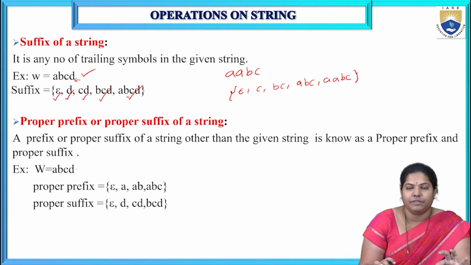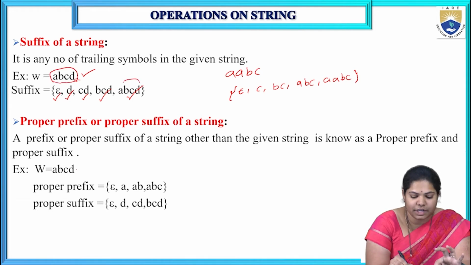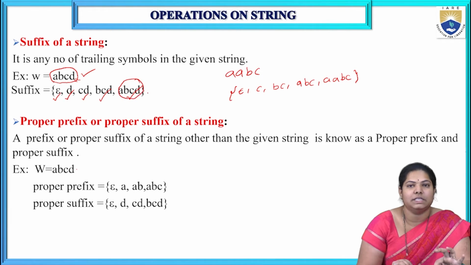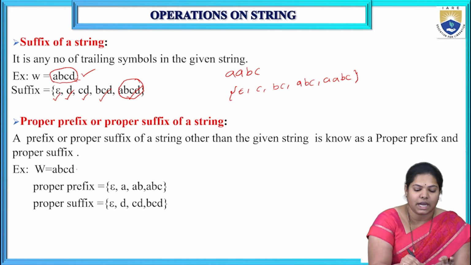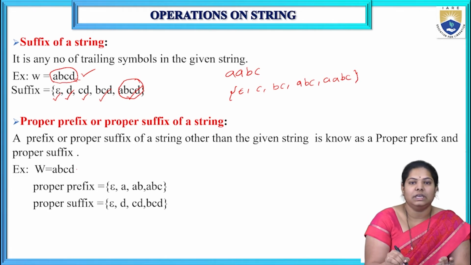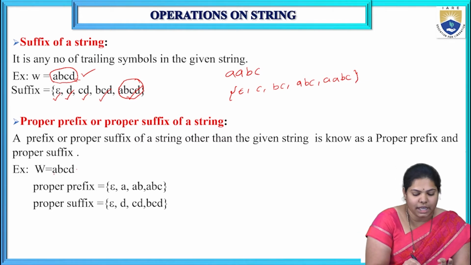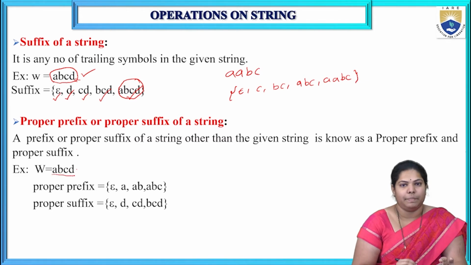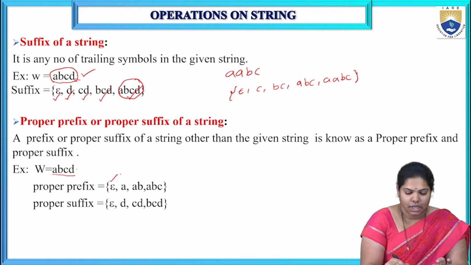For example, in the suffixes, if I take this example, ABCD, the suffixes also include ABCD as a string. But the proper suffix doesn't contain the given string. If I take the string ABCD, the proper prefixes start from the leading symbols: epsilon, A, AB and ABC.